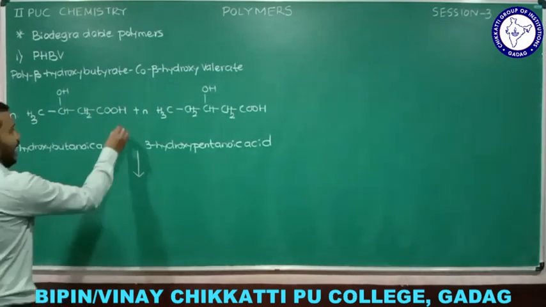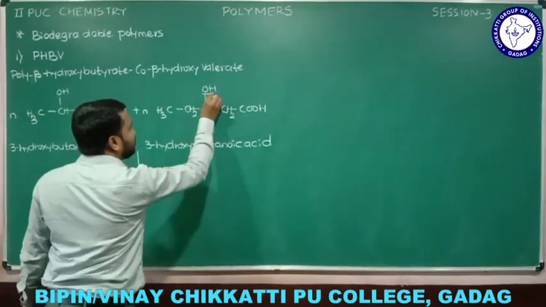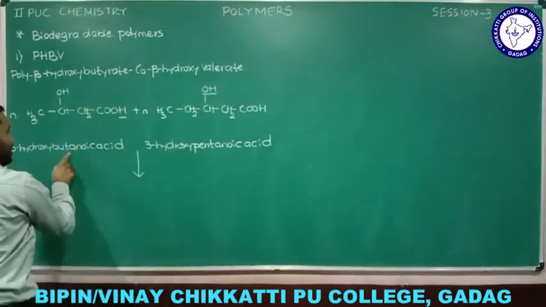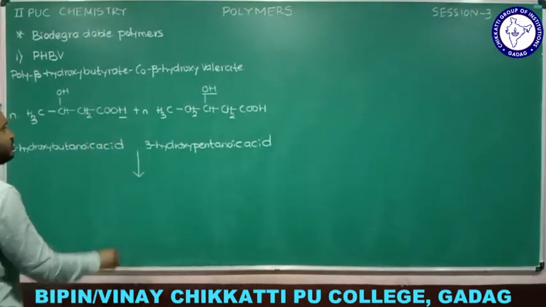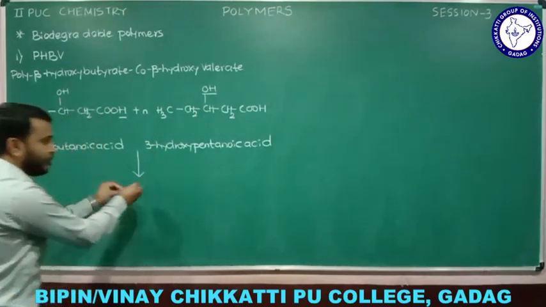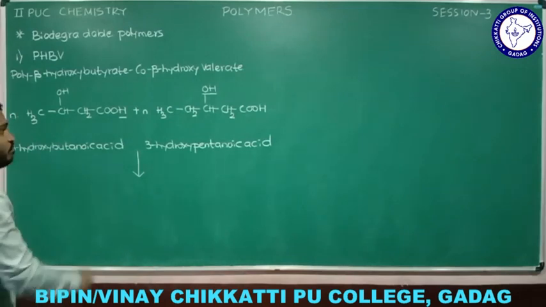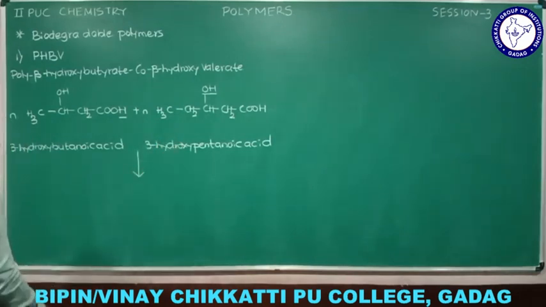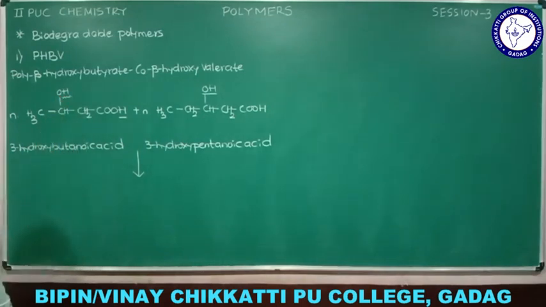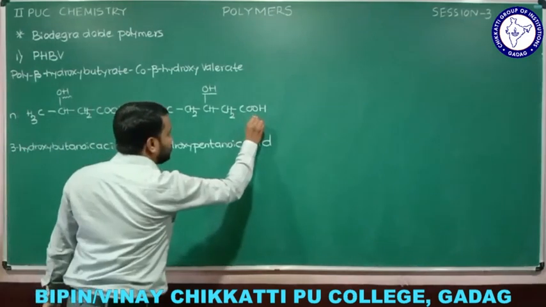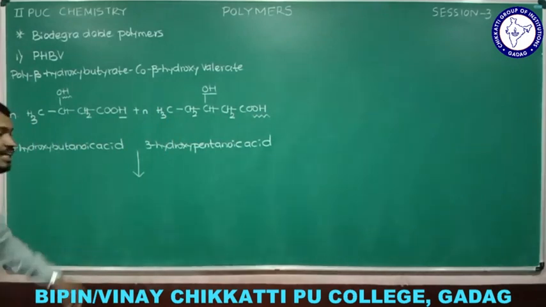So H from the first monomer, 3-hydroxybutanoic acid, and OH from 3-hydroxy pentanoic acid. Of course these two will join, and in the middle we are supposed to join the 2 carbons. On the left side you have to remove, and on the right side also you have to remove: on the left side this hydrogen is going to be eliminated, I will show it with a wavy line, and on the right side this OH is going to be eliminated. So remember how this works, and then you can write the structure of that one easily.